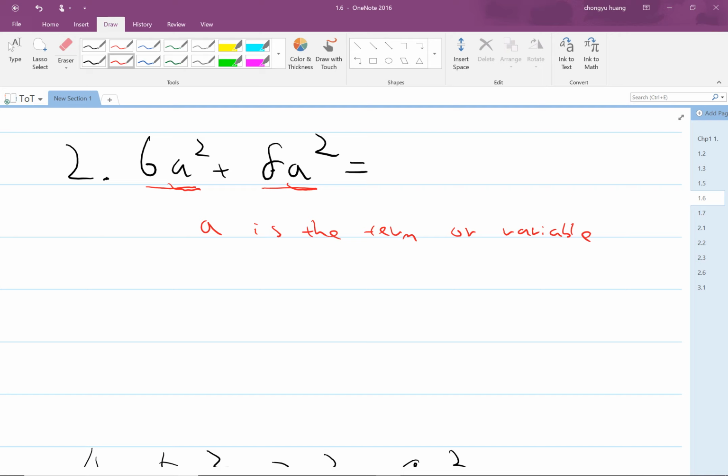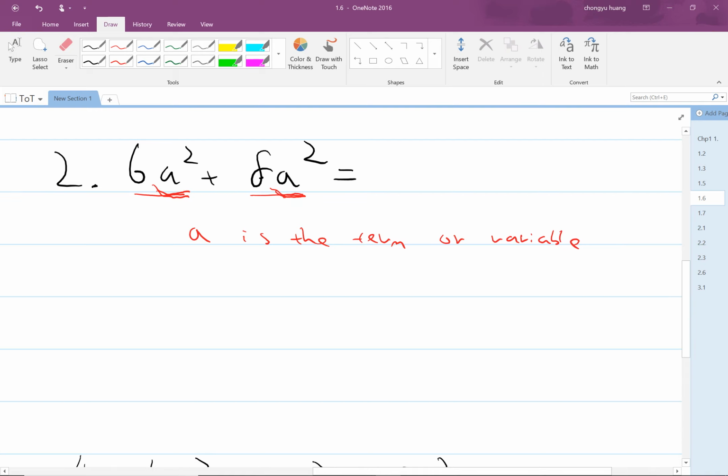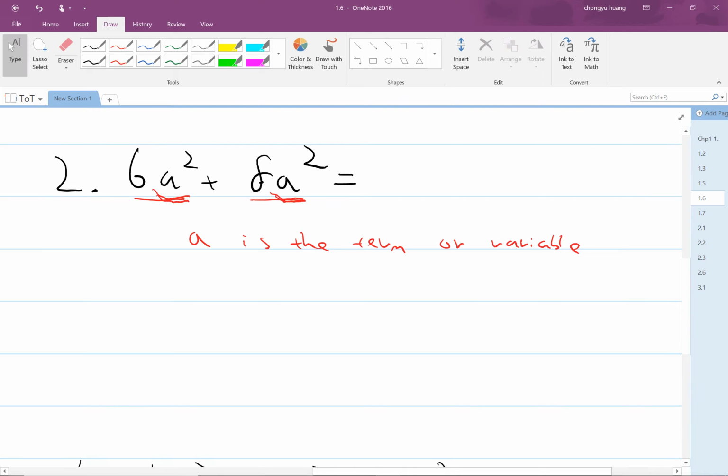You always have to keep in mind that you want to make sure they have the same term. Over here both have a squared, so that's why you are able to add them. 6 plus 8 is 14, so it's 14a squared.